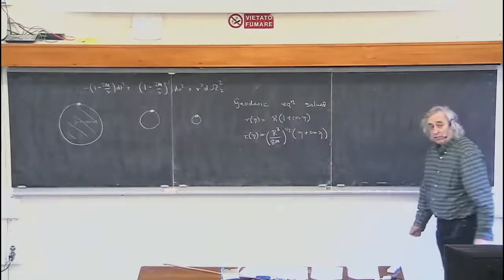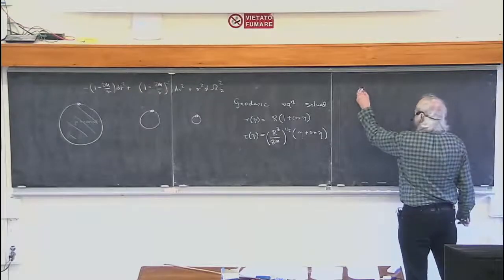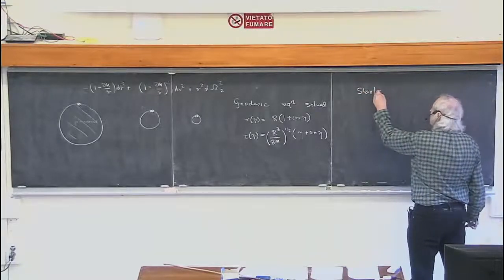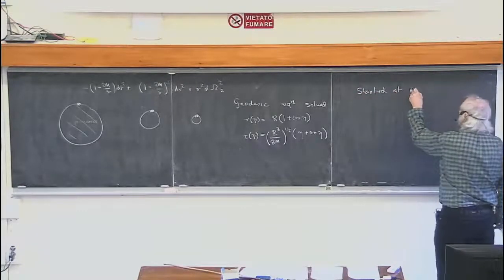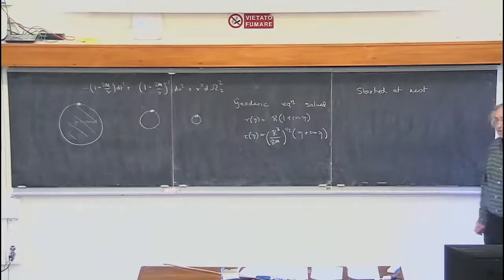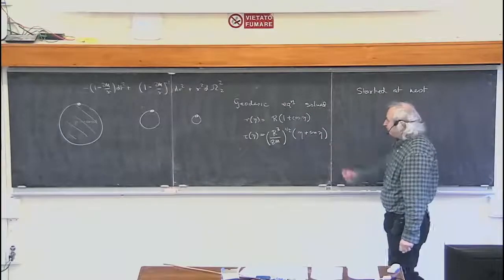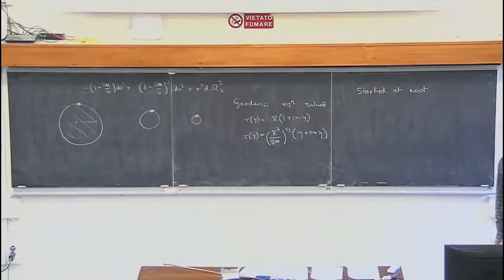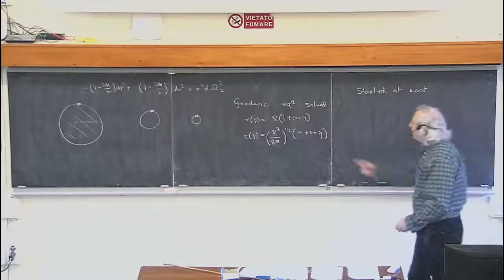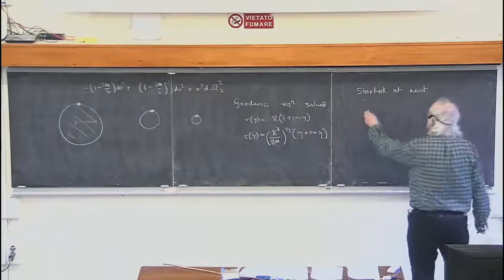So the thing started off at rest, and then underwent gravitational collapse, reaching essentially what looks like a point here after an interval eta equals pi by 2.